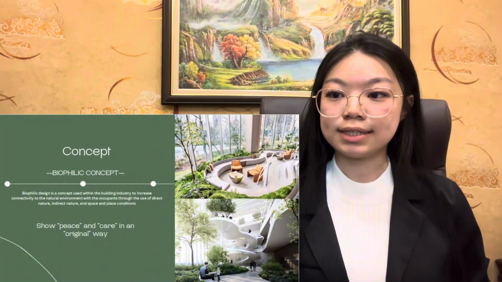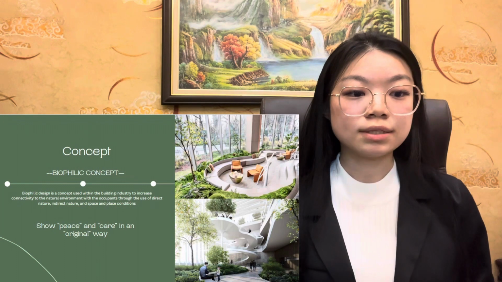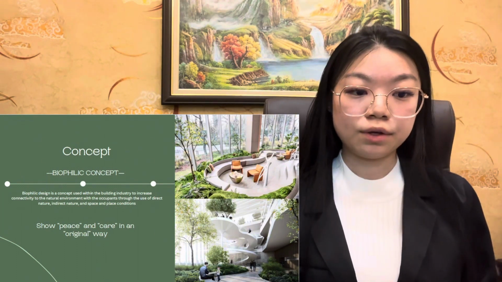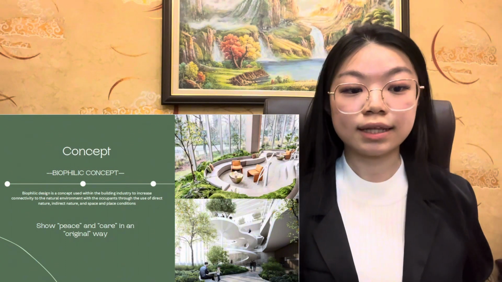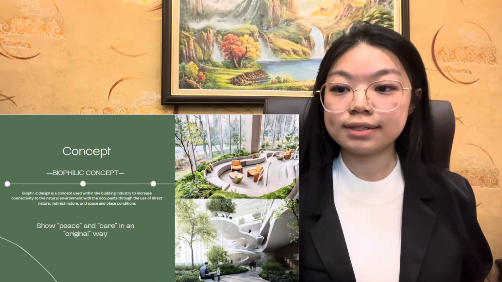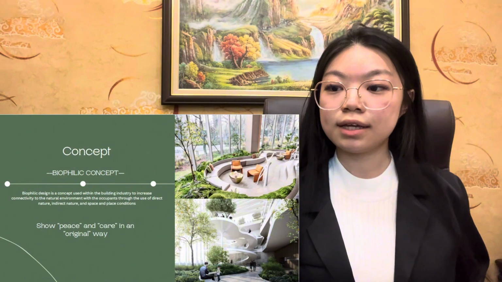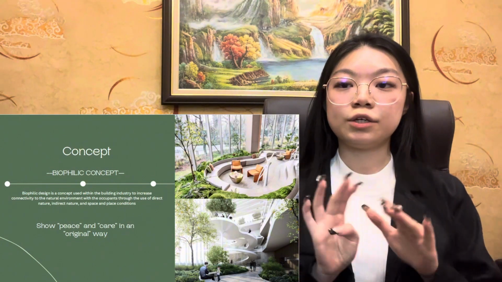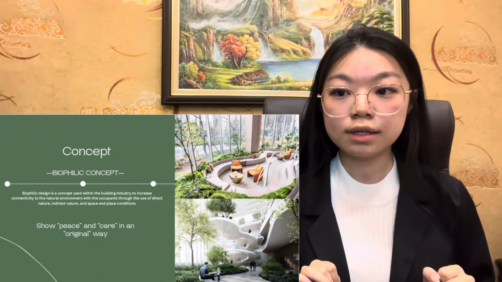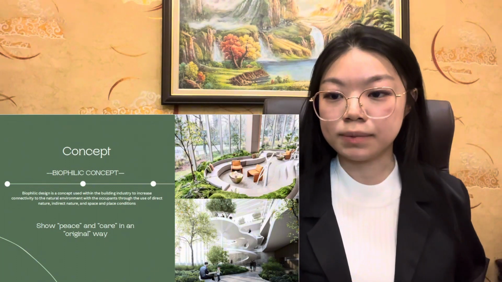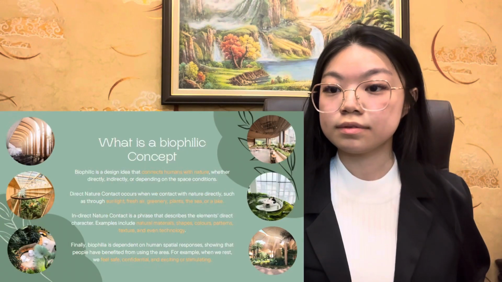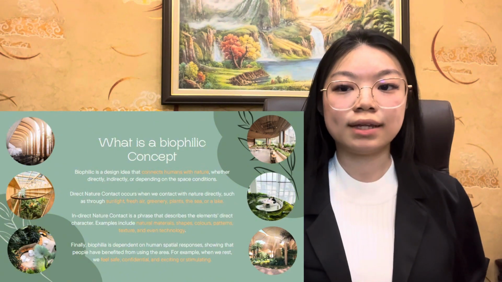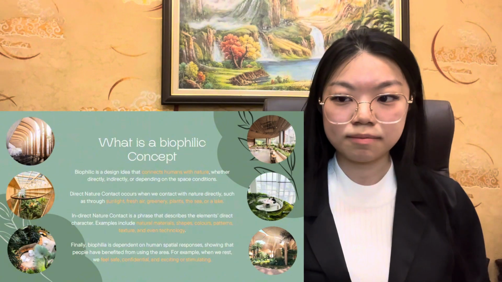So this is my concept. My concept is biophilic. Biophilic is a concept which is used in the industry to create the connectivity with the human, which is the occupant, and the natural environment, whether direct, indirect, or depending on the space condition.